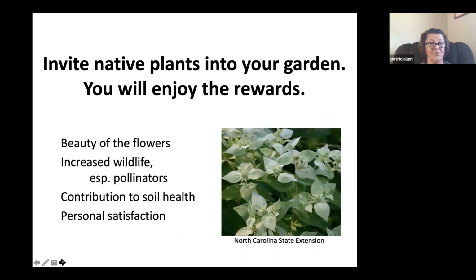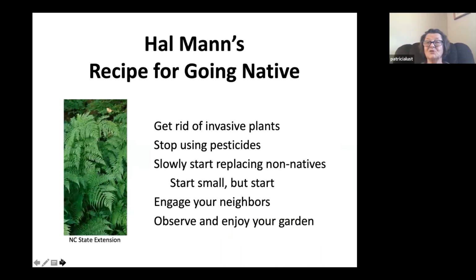So they're beautiful. They collaborate well with wildlife, and they contribute to the health of the soil. Hal Mann's recipe for going native is on your handout. I'll let you go there to find it. Hal Mann is a gardener in Ohio who, when he retired, converted his whole garden and yard to natives.